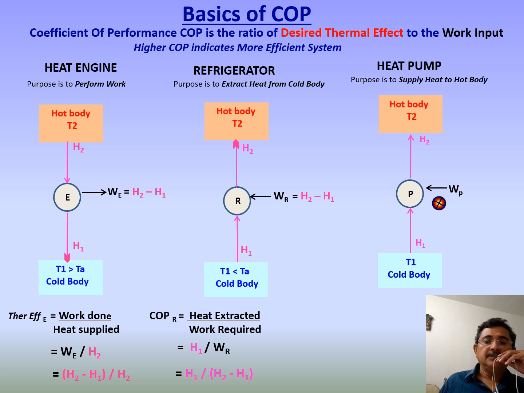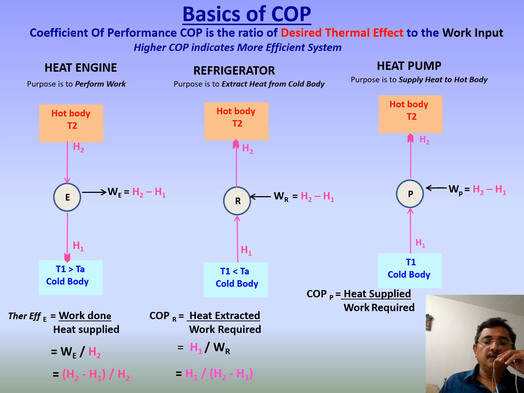The mechanical energy is converted into thermal energy. It will supply the heat from the ambient temperature or the cold body to the hot body in this way. The work input that is required is also the difference between the enthalpy of hot body minus the enthalpy of the cold body, that is H2 minus H1.